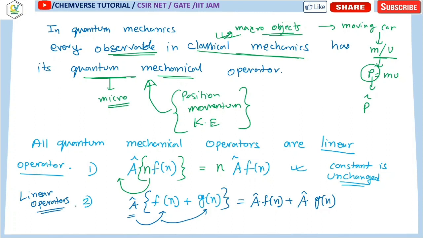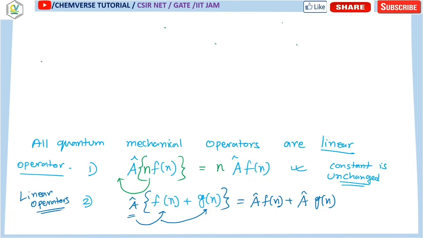Now I am going to explain this with an example. Suppose I am considering d/dx as our operator. Now d/dx is operated over some function x square. So what I can say, it has a value of 2x. Fine.